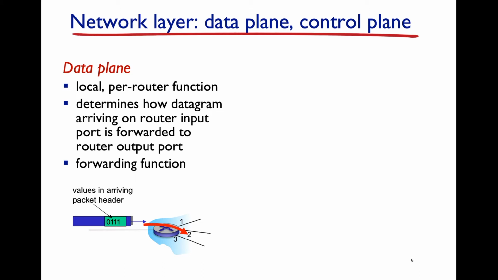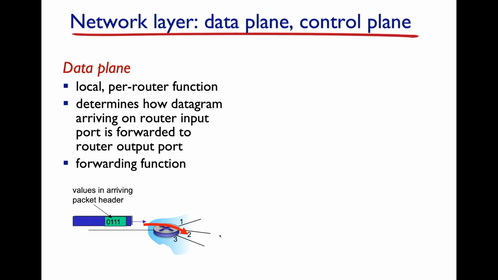Here we have a packet in the figure that's arriving into a router. It comes in on the input port, and then that address information is looked up in a table, and depending on the value of that address, it will send it out port 1, port 2, or port 3 in this example. Let's say port 2 is the port out which this datagram is transmitted when it has a certain address, 0111. Then of course it'll get transmitted out of port 2.